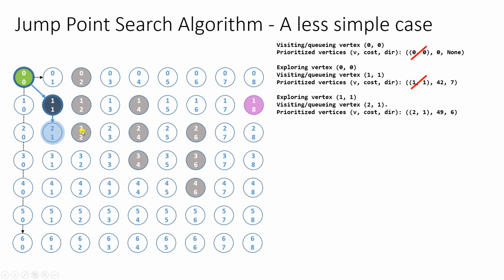It's 5, 10, 15, 20, 25, 30, 37. And its distance is 37 and 13. It should give 50, 49. Maybe I missed something somewhere, let me check. Yeah, I made an error when I was adding the two costs.